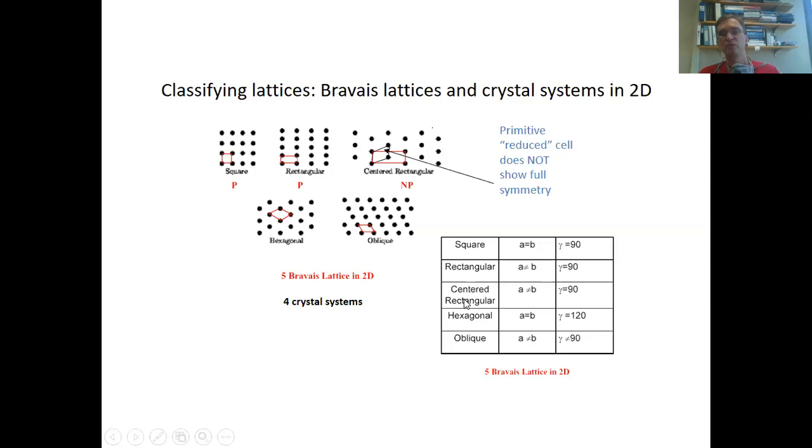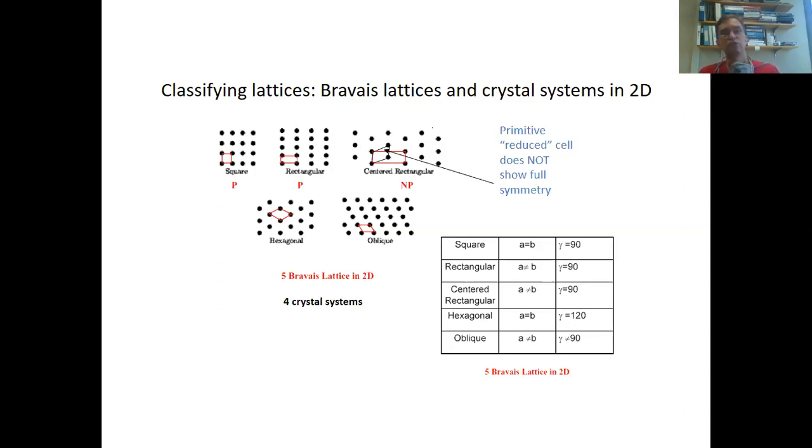Again we have A is unequal to B, and gamma is still 90 degrees, but now there's a lattice point in the center of this rectangle. So this is now not primitive anymore. We say it is centered because we have an additional lattice point in the center.